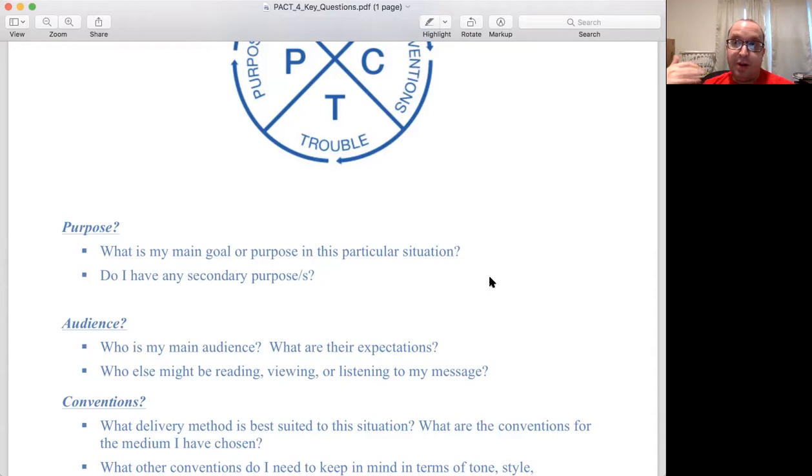Did it achieve its purpose? Right? So whenever you're evaluating your own documents or someone else's documents, you can use this framework as well. But it always starts with purpose. Did you achieve your purpose? Were you confused about what your purpose was? Right? Sometimes that happens. So keep that in mind.